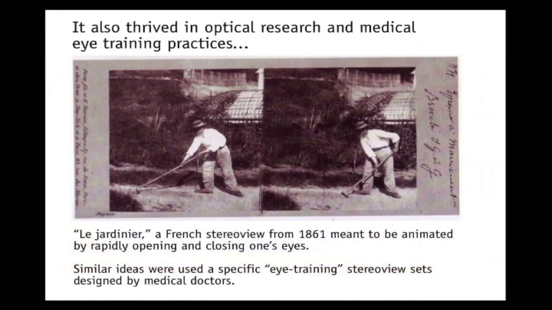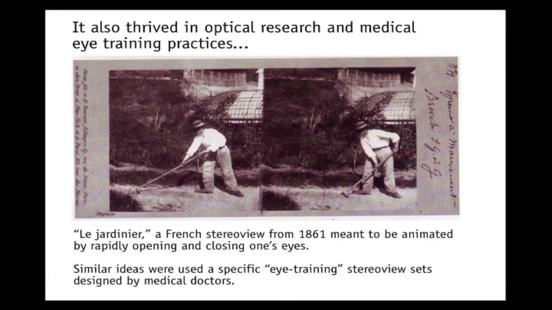Okay, there are also other really interesting variations that show up pretty early, and one of them you can see in this card, which is French, 1861, called The Gardener. What's interesting about this stereo view is that it has a kind of double role. If you focus on the physical setting of the garden and the buildings, the glass house at the back, you see these pictures in a normal stereoscopic three-dimensional form.